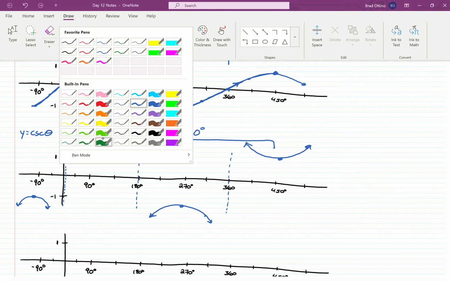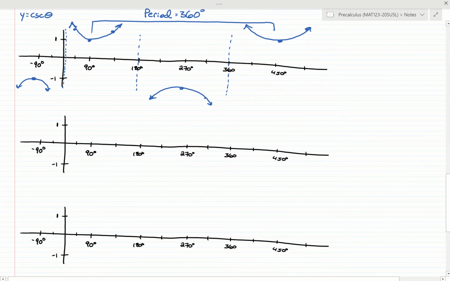Let's go to cosine. Now cosine of 0 is 1, then it goes 0.7, 0, negative 0.7, negative 1, negative 0.7, 0, 0.7, 1, 0.7, 0, and we could kind of figure out what the pattern is. This looks very similar to our graph of sine.